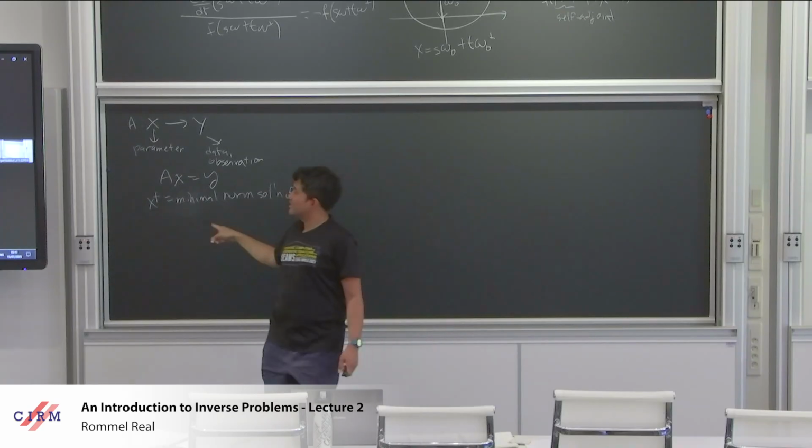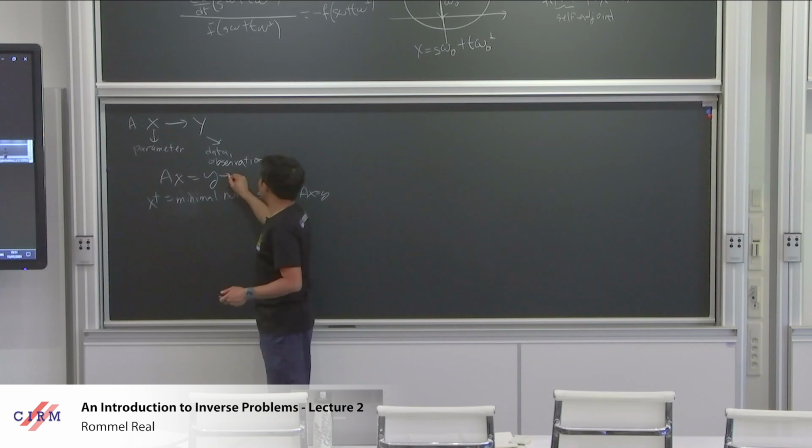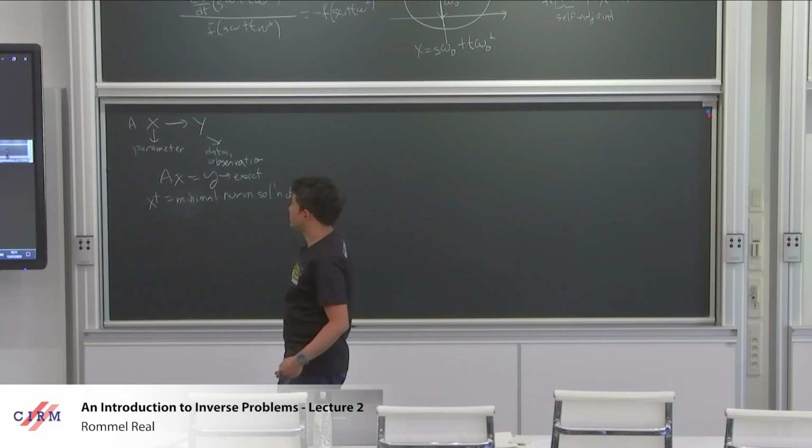And then a natural idea to consider is, instead of using the exact data y, we'll use instead y delta. So therefore, you want to solve for the solution with a minimal norm.